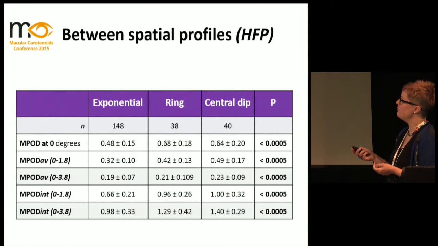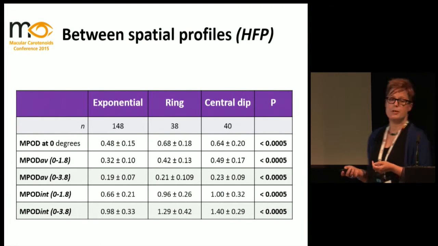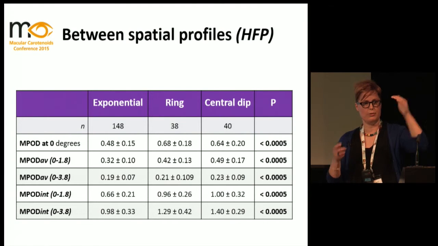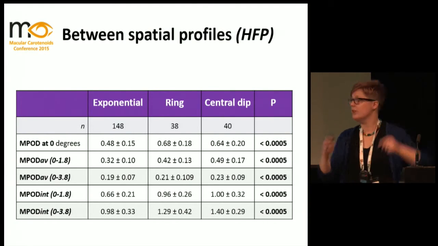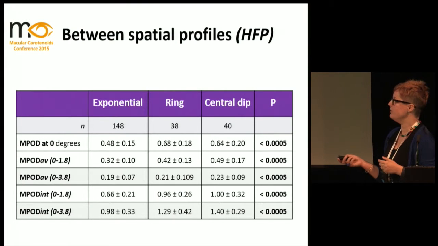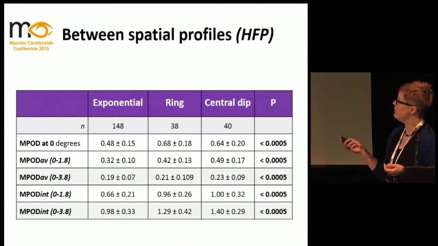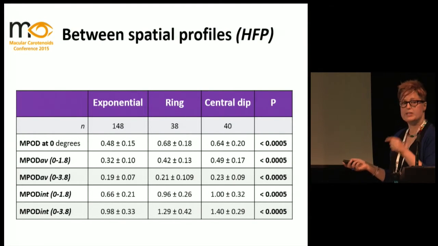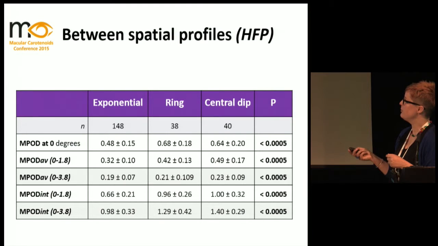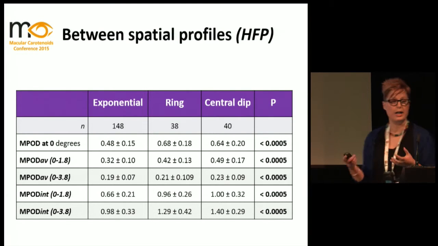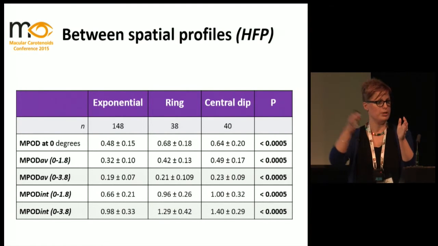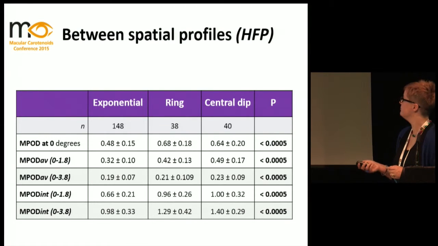And what we found is that the people that showed an exponential profile have significantly less macular pigment. It doesn't matter if it's at 0 over an area, so the MPOD-F, or even the MPOD-Int. And really, it confirms the fact that when we're looking at patients who have a non-exponential profile, these people have significantly higher macular pigment, up to 2 degrees or even up to 4 degrees.